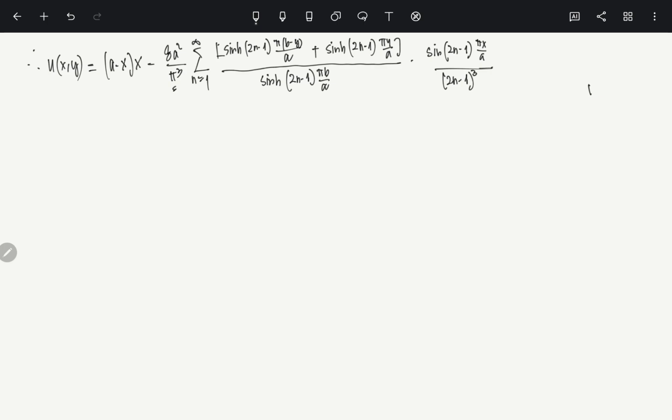Okay. So, it is a big expression, but that is how to solve it. Is it okay? Fine.